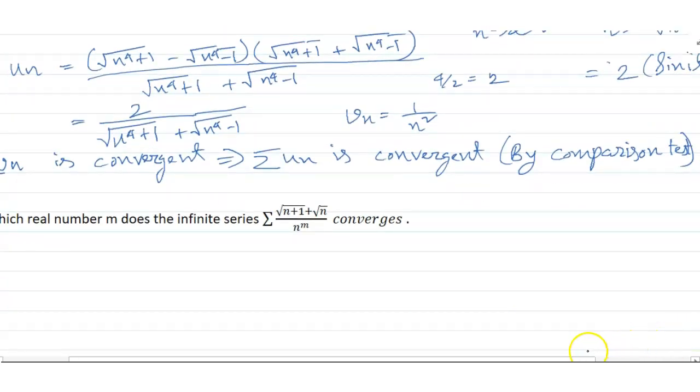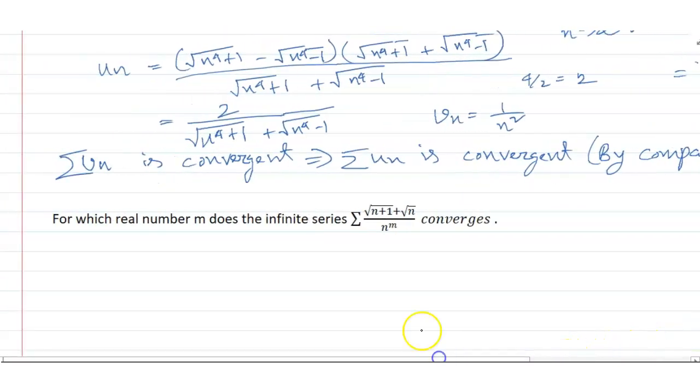Next problem, friends. Next problem is: find for which real m the infinite series is convergent. So friends, you see that Un is equal to root over n plus 1 plus root over n divided by n to the power m.